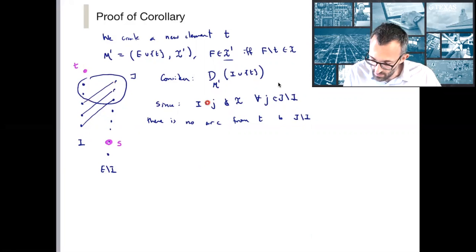But that's exactly what doesn't hold by that rank assumption. So there is no arc from T to J minus I. On the other hand, there is an arc from T to S.